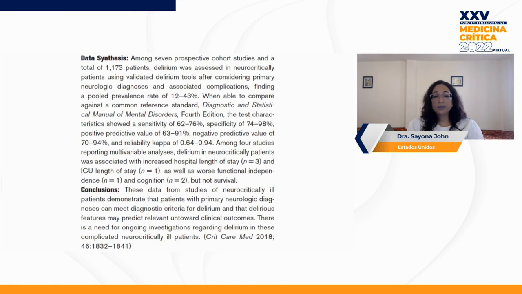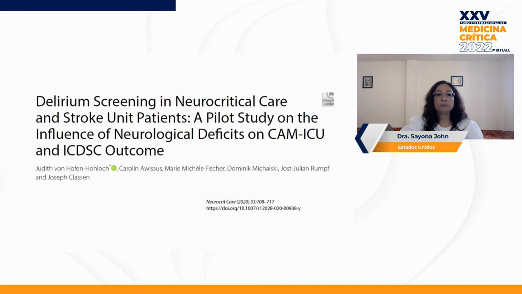And delirious features can actually predict relevant untoward clinical outcomes. So this article, which was published in 2020, talks about delirium screening in critical care and stroke unit patients. And this is a pilot study that looked at the neurological deficits and how they influenced CAM-ICU and ICDSC.